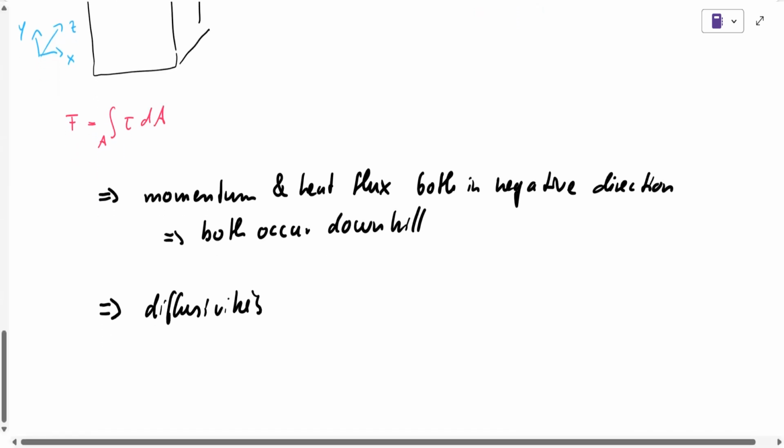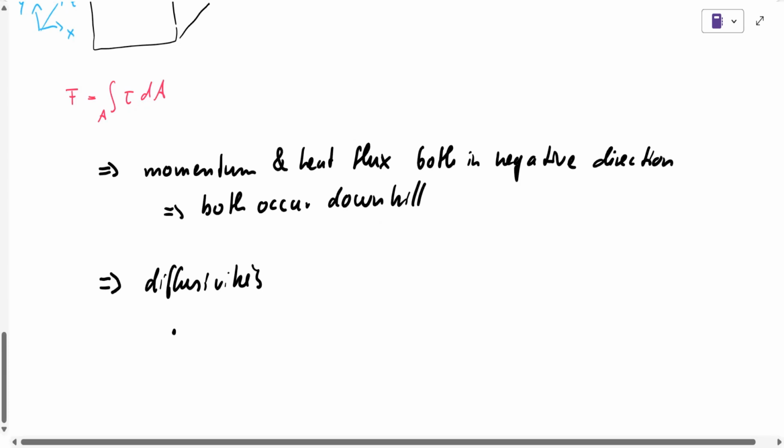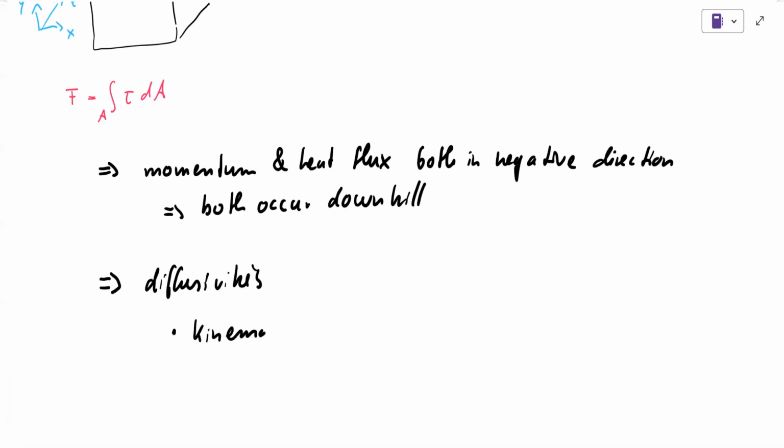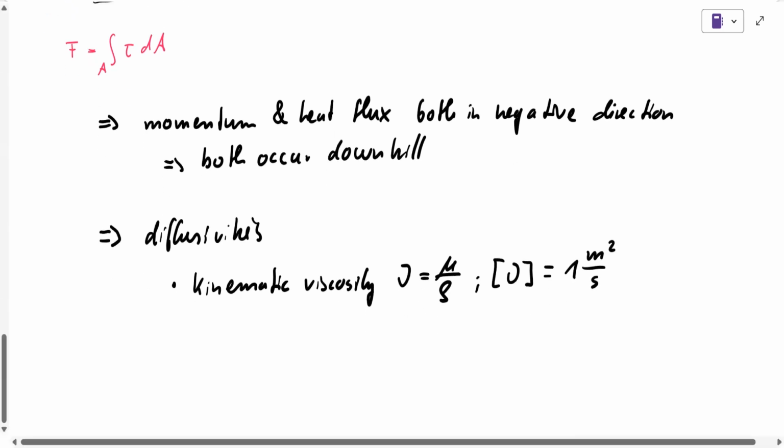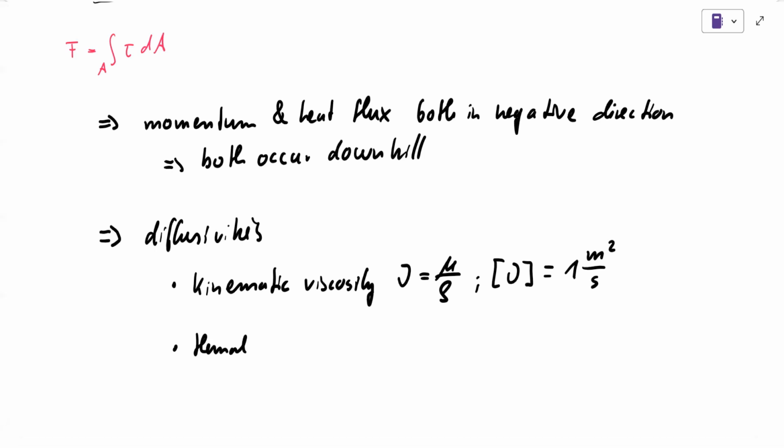The diffusivities are at first for the transport of momentum, the kinematic viscosity, which is nu, which is mu divided by the density, and the unit of nu is 1 square meter per second. And the same, of course, we can do with the thermal diffusivity.